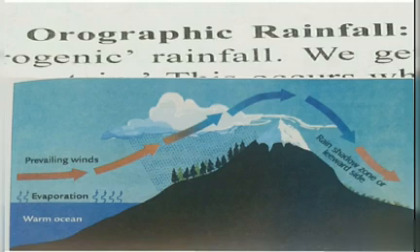The wind from the sea contains a lot of moisture, and it is forced up the Western Ghats, then descends devoid of moisture and does not give any rainfall in the central part of the Deccan Plateau. Completely this region will be dry, and it is known as the rainfall shadow region.